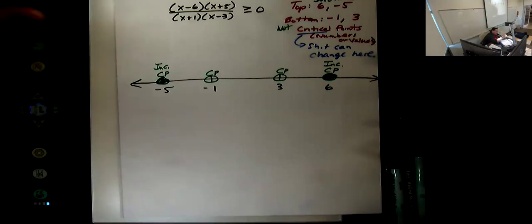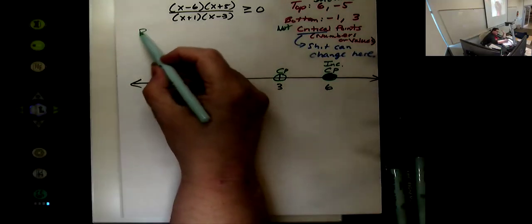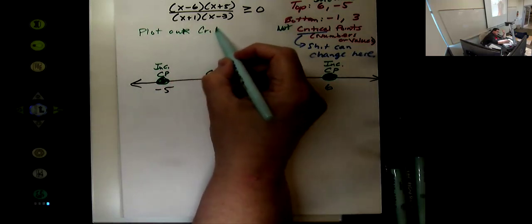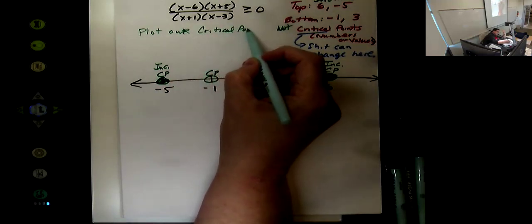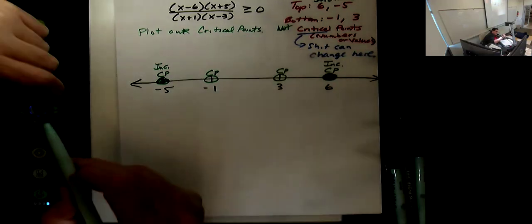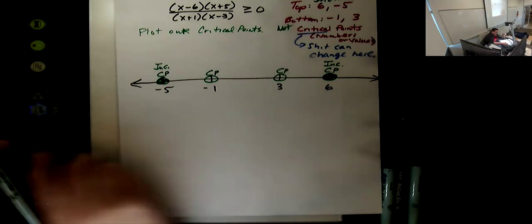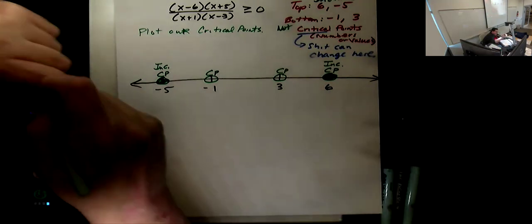Okay, so we plot our critical points. And then we're gonna turn them into regions.